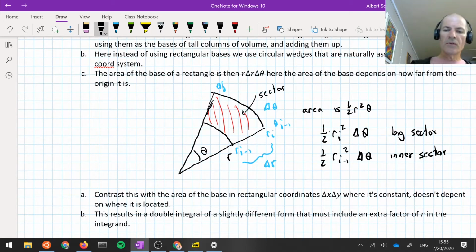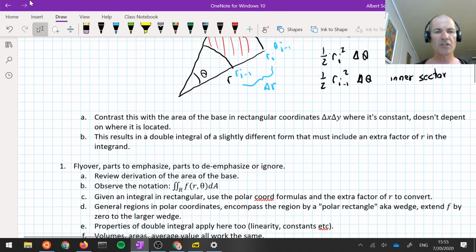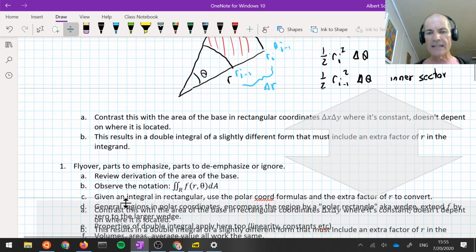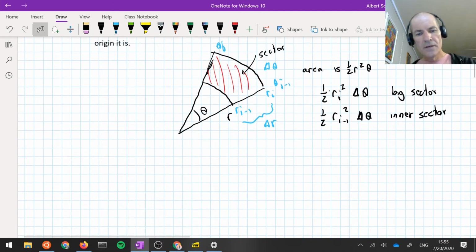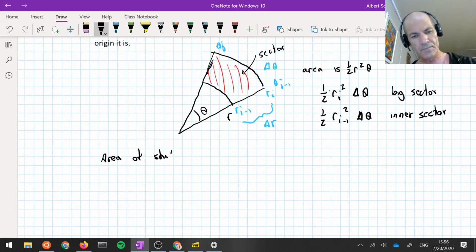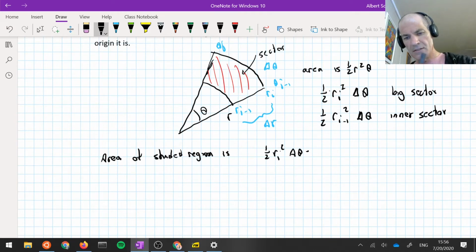Now, if we want to know the area of the shaded region, then we're going to subtract these two quantities. So the area of the shaded region is 1/2 r sub i squared delta theta minus 1/2 r sub i minus 1 squared delta theta.